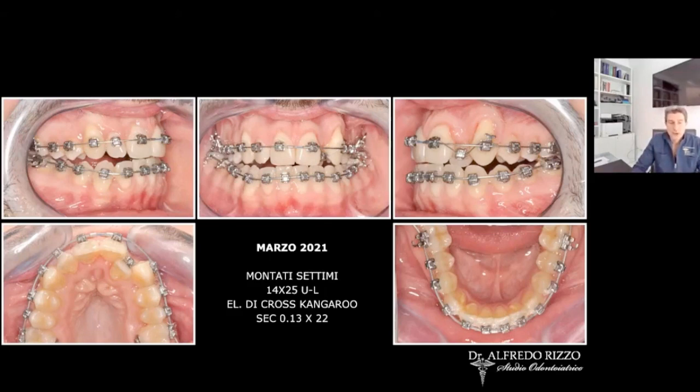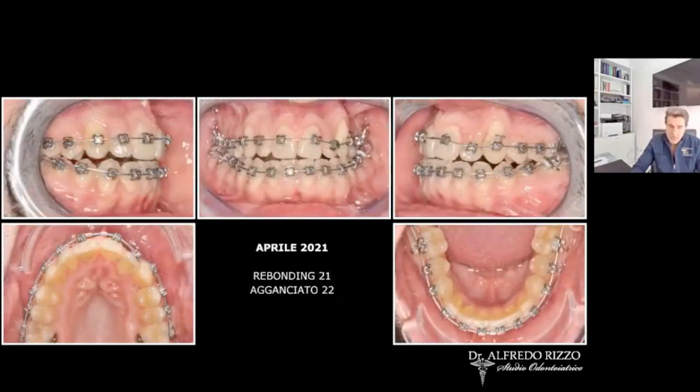So until now, we have only been using 0.14 arch wires, which allowed already to align the dental arch. Now I switch to 0.14/0.25 arch wires, which start working to expand the dental arches despite it being very light forces.